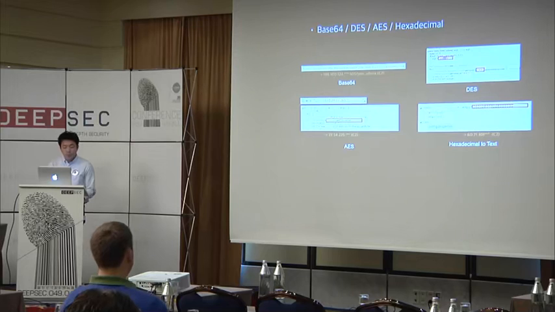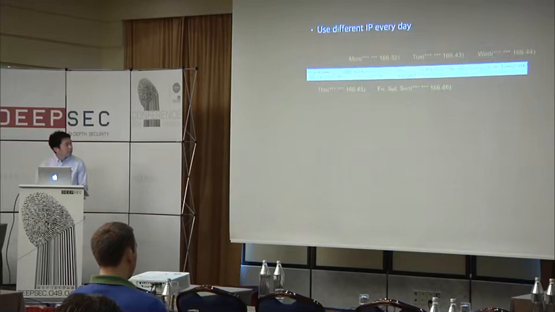For string obfuscation, the malware uses base64, AES, DES algorithms, and hexadecimal to text. Even the hacker address is changed every day using obfuscation. It was confusing to analyze the obfuscated code, and their response could be delayed.